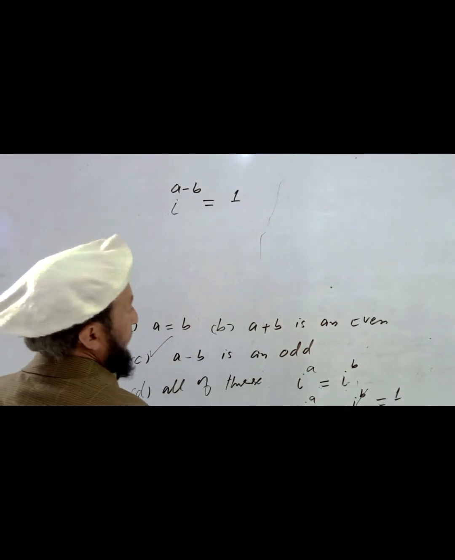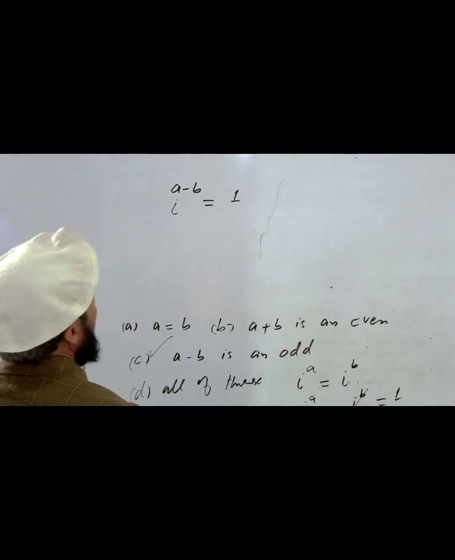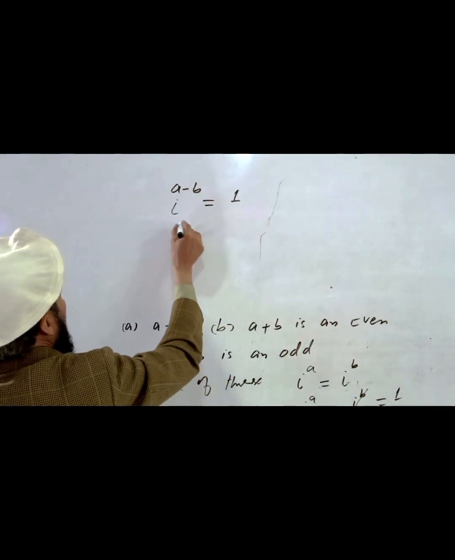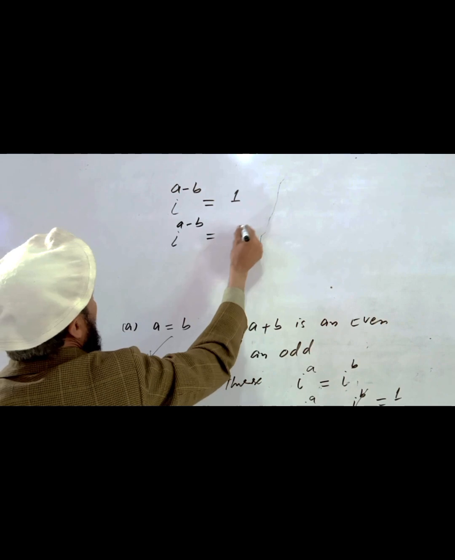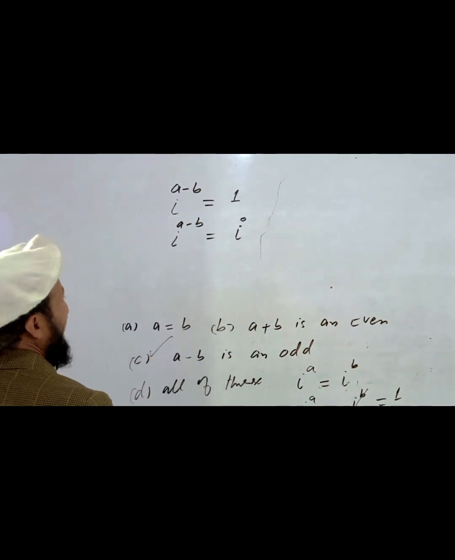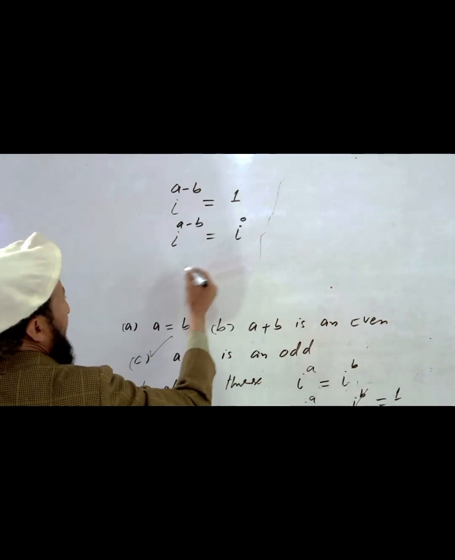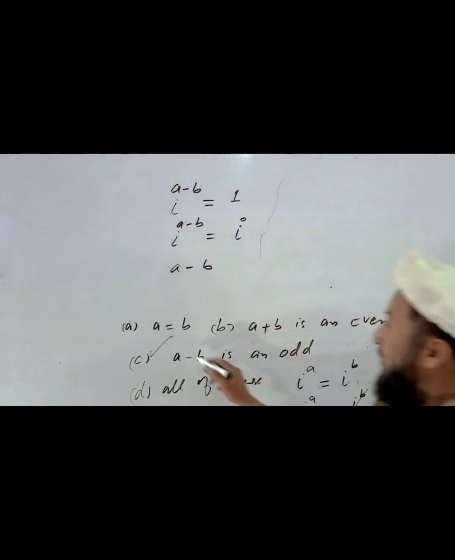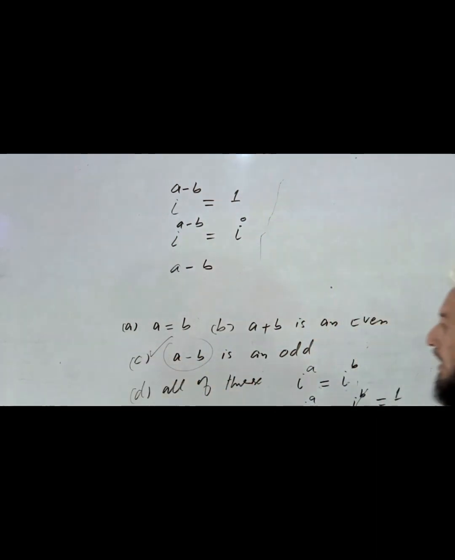So the result will be equal to 1. We can write iota power 0 is equal to iota power A minus B is equal to 1. So it means if bases are same, we can write A minus B. A minus B is a factor which is an odd number, from which we can get the result.